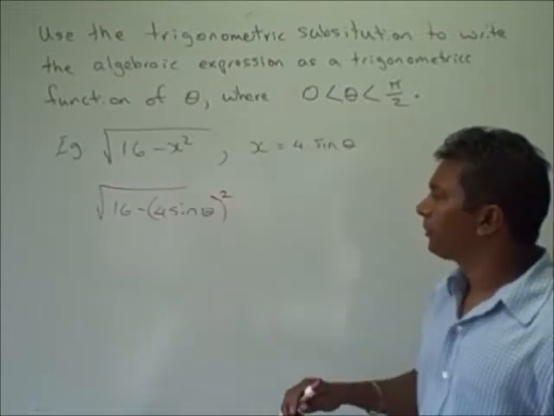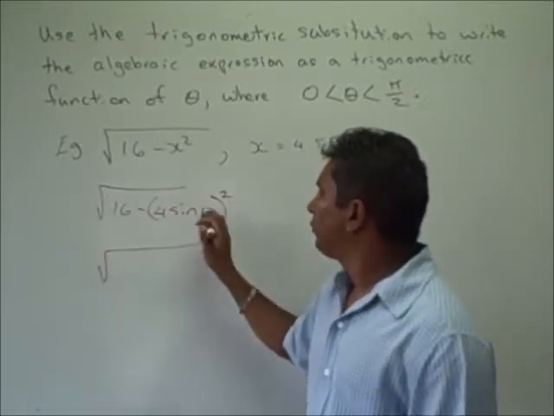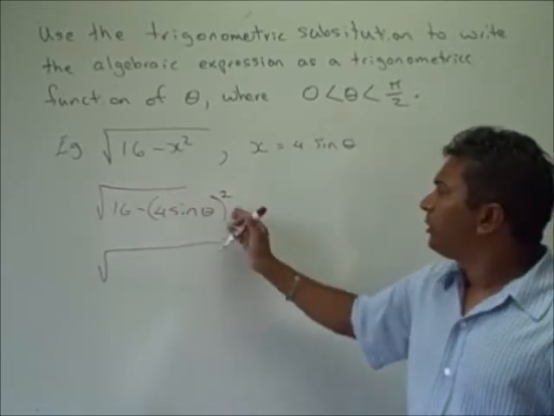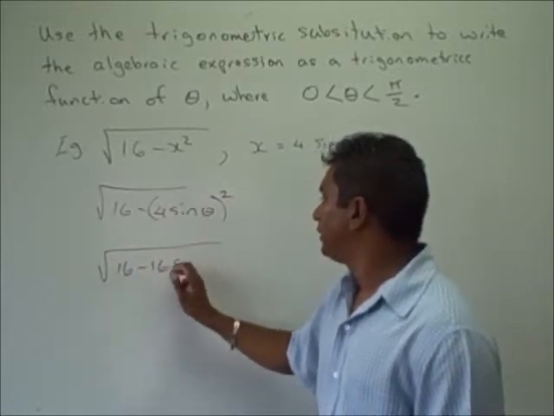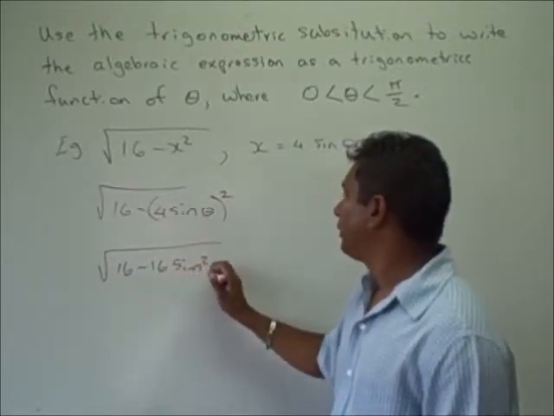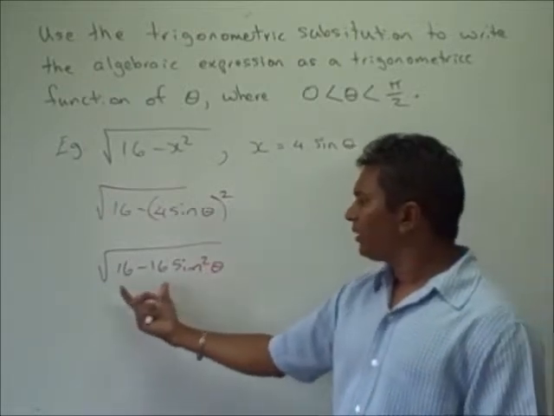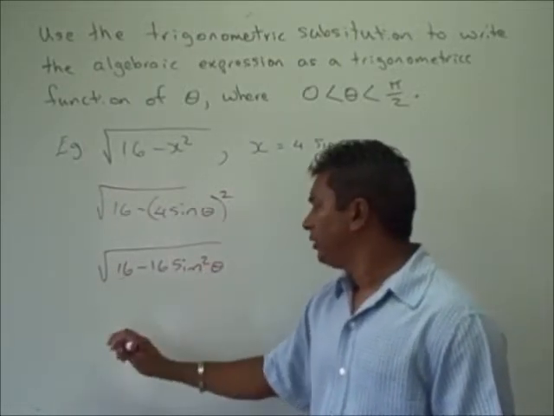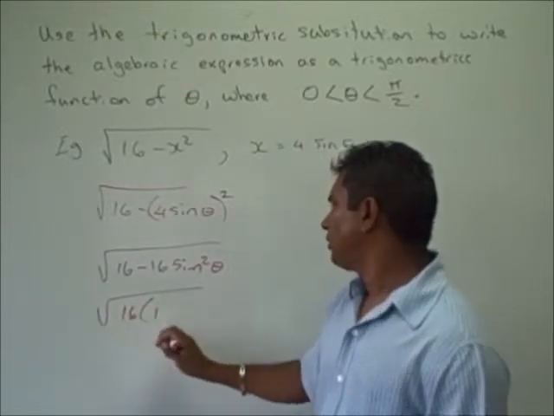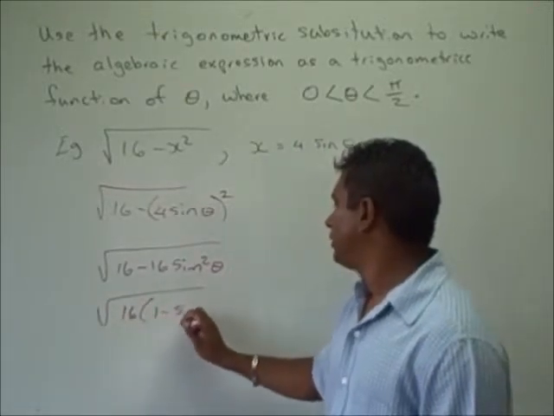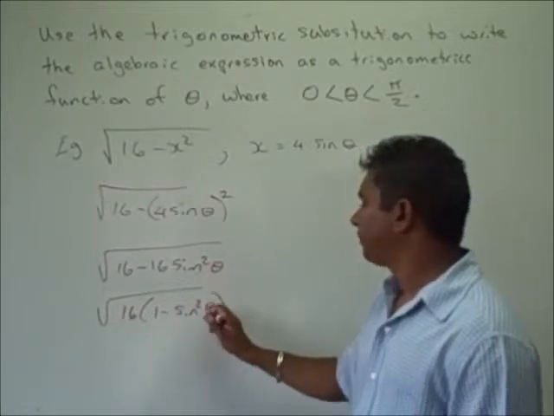This is being squared. So if we remove our parentheses and square everything inside, we get 16 minus 16 sine squared theta. Here we can see that we have a GCF of 16. So if we factor out 16, we're left with 1 minus sine squared theta.